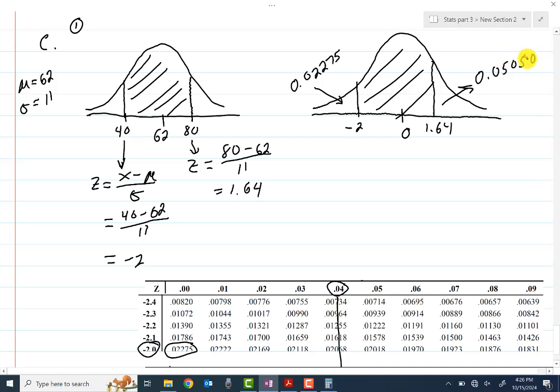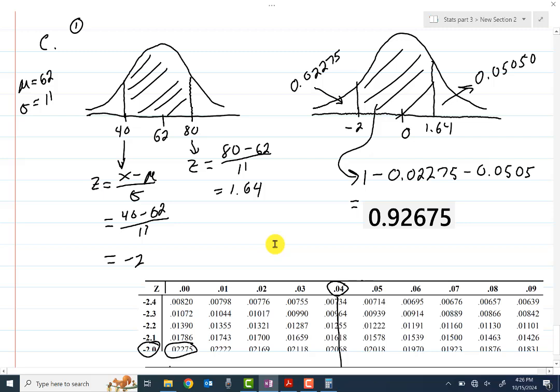This last 0 that they have on there is completely unnecessary. You can use it or not. Then in here, I'm going to do like I have on all the other ones, 1 minus that stuff. Minus 0.0505. And you can see almost 93% of the data is in that range.